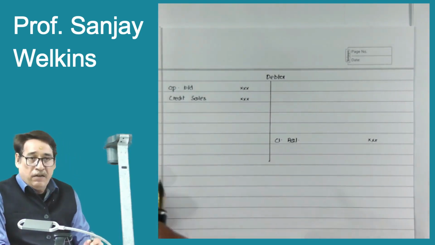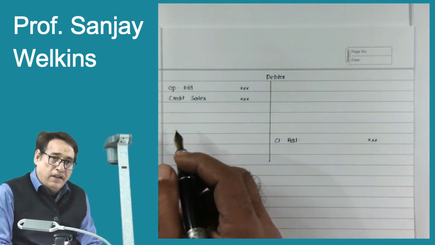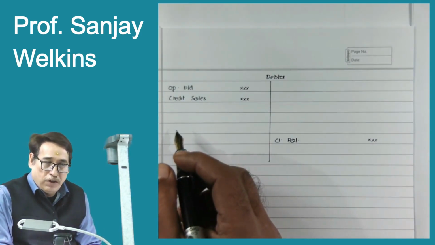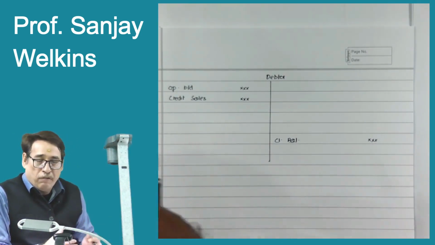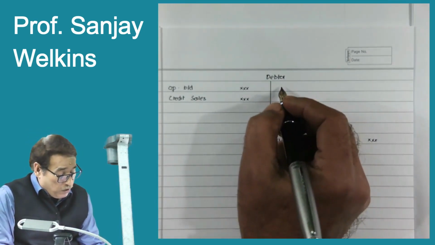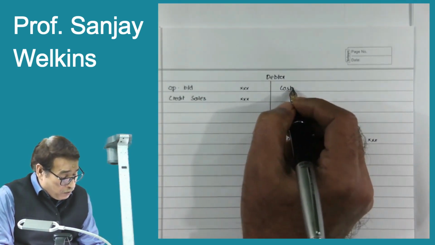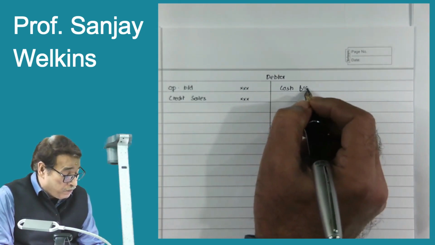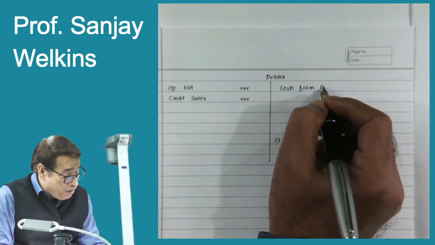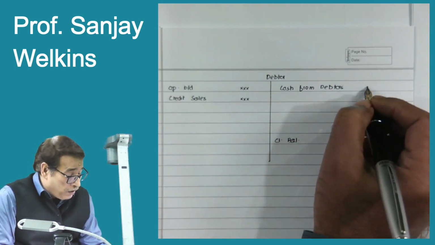Now let us say the branch has done credit sales of 1 lakh, and out of 1 lakh, 10,000 have been received from the debtors. So when we receive cash from debtors, it means the debtors will get reduced. So I will write by cash, which means cash from debtors.